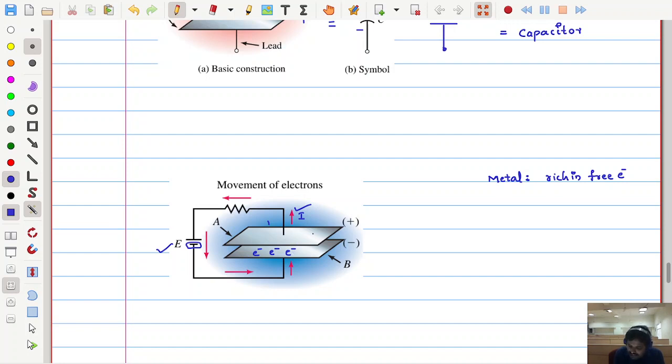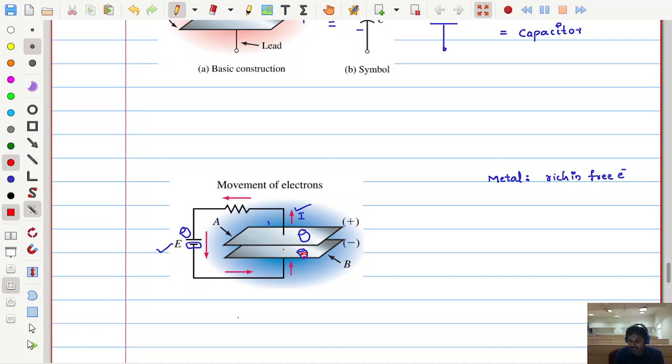So you can assume that initially an empty bag will be there. Empty bags are pulled by the battery and reach over here. On the other side, the battery will try to fill these empty bags with negative charge. Thereby the lower side plate becomes charged.